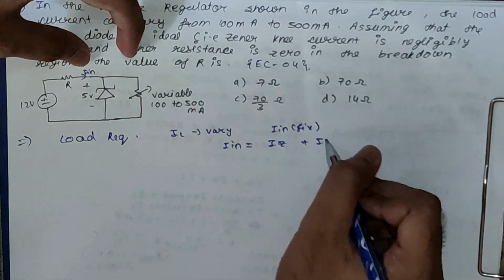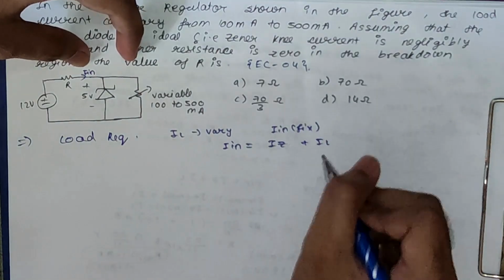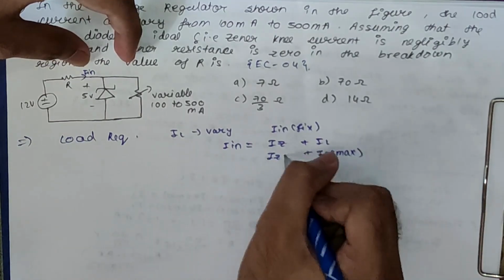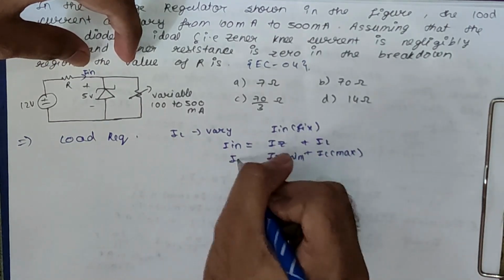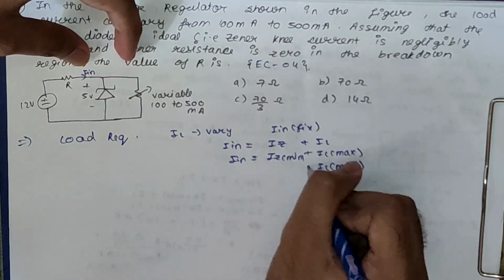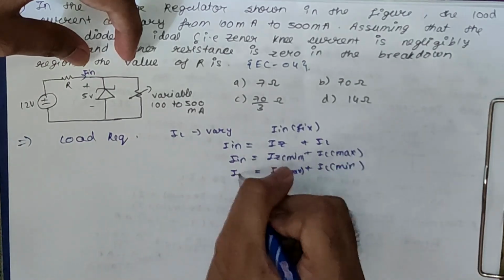Here IL is varying but I in is fixed, so to maintain this equation Iz should vary. So when IL is at maximum value, Iz should be at minimum value, to maintain I in at a fixed value. Similarly for IL minimum, Iz should be at maximum, such that we get the same I in.